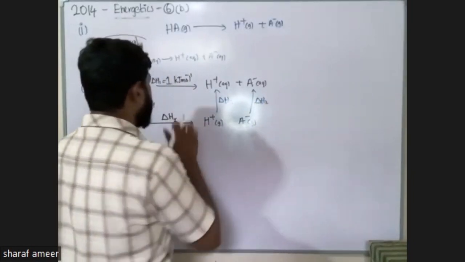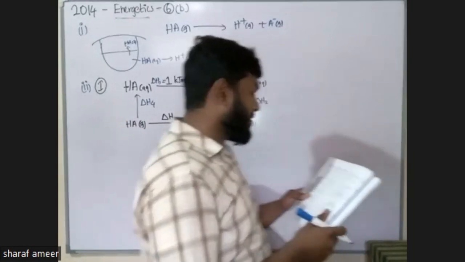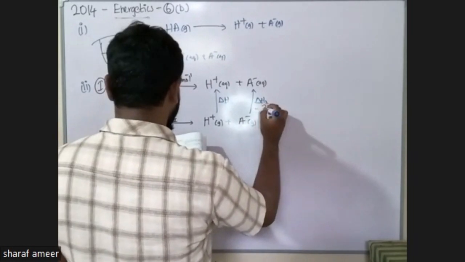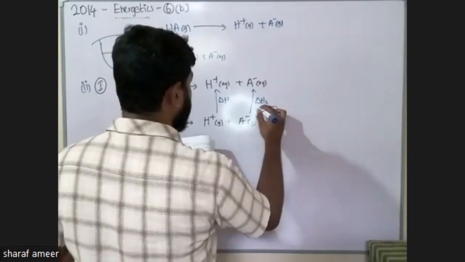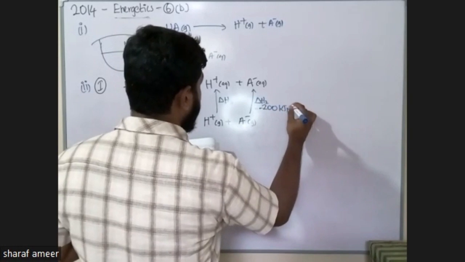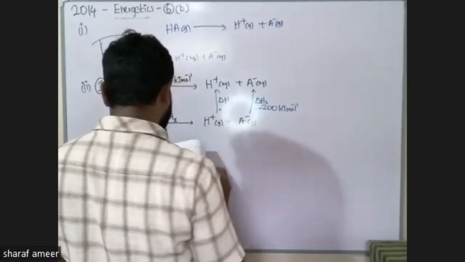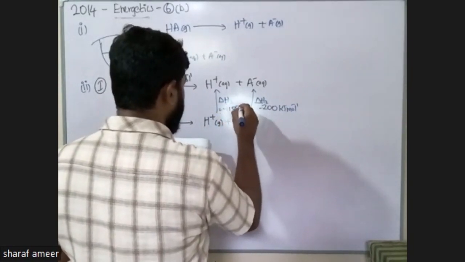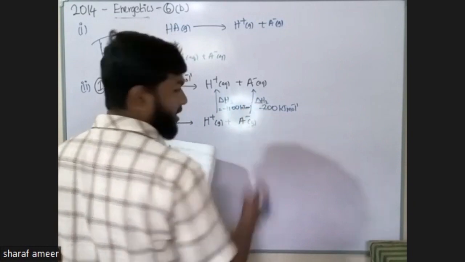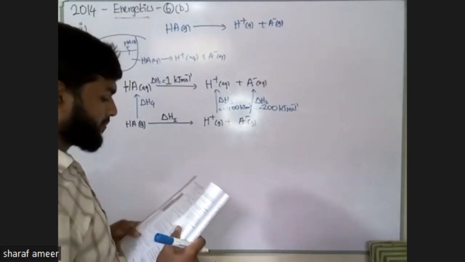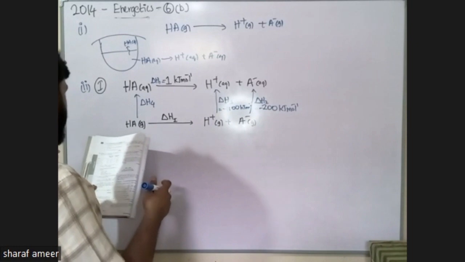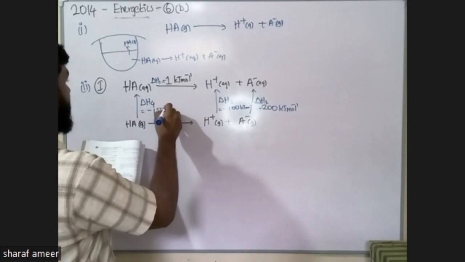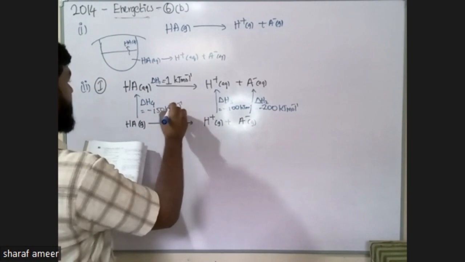So you need to find delta H1 here. They have given delta H2 as minus 200 kilojoule mole minus 1, delta H3 as minus 1100 kilojoule mole minus 1, and finally HA aqueous as minus 150 kilojoule mole minus 1.